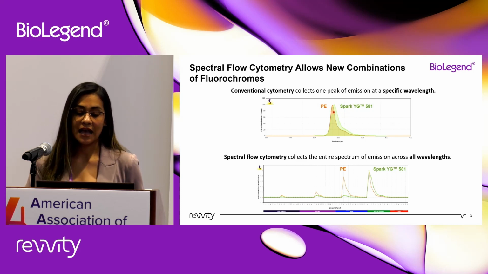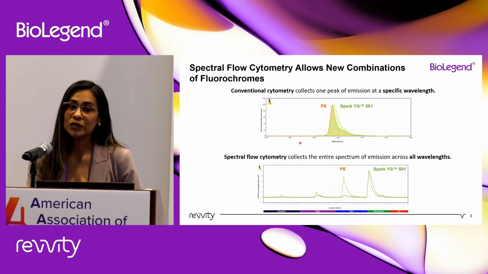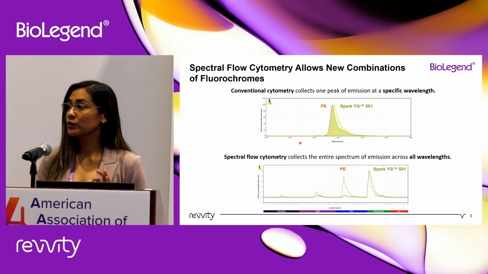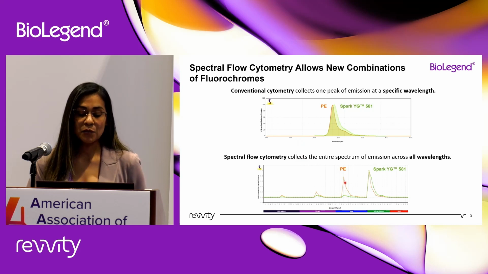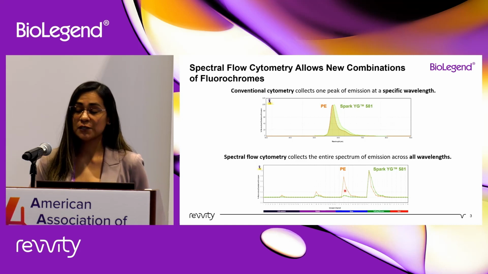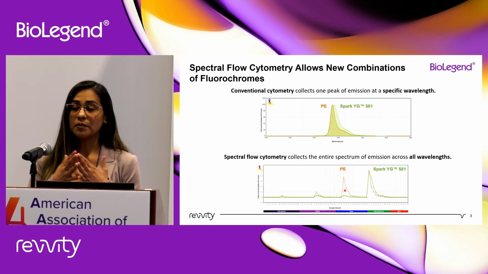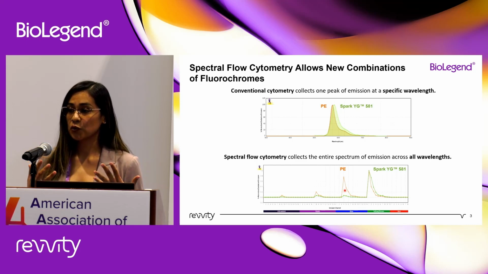These two dyes are very similar and they have a high level of overlap on conventional cytometry. However, the spectral cytometry allows us to identify small differences between these two dyes, as is the case of PE, for example, that has a peak that is absent in the Spark Yellow-Green 581. And these small differences are enough for spectral cytometry to unmix these two dyes and have a good resolution for both.